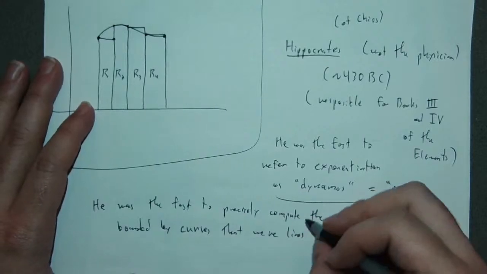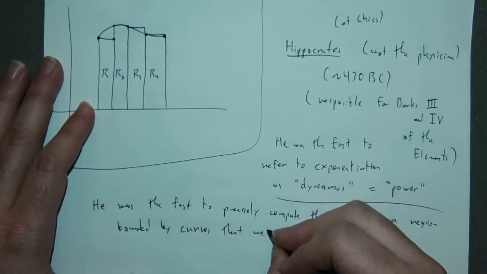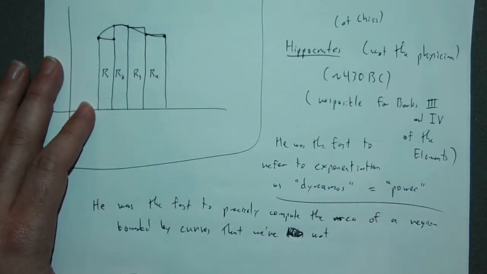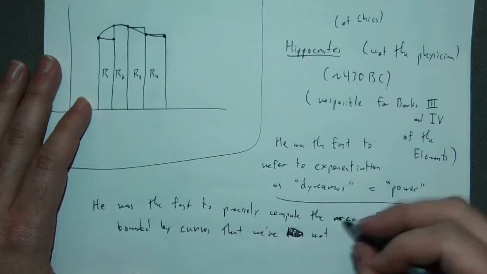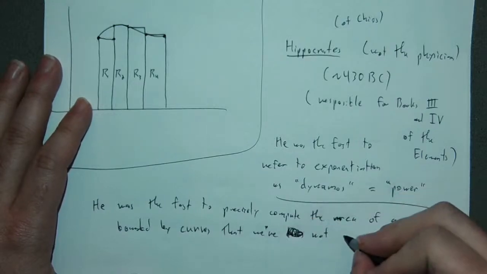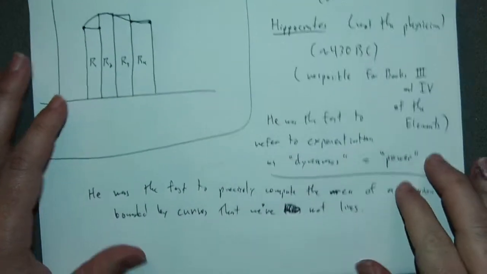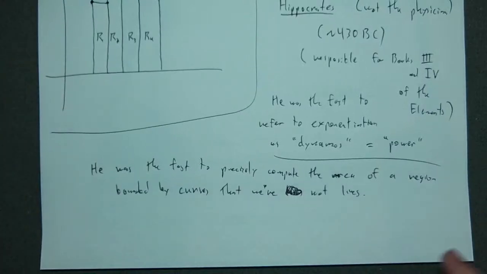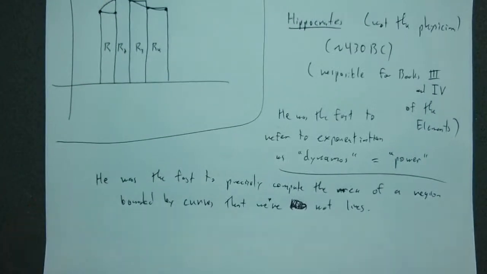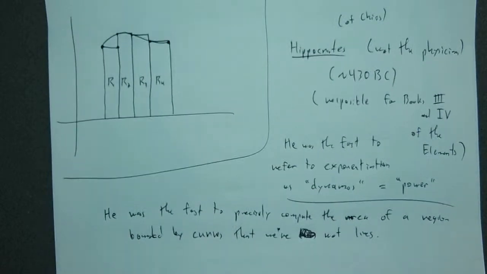I was going to say not lines or circles, but I believe he's the first to do this, period, so curves that were not lines. What I mean by this is, consider the following picture. I was going to draw this, but I think it's better if I show you the picture.